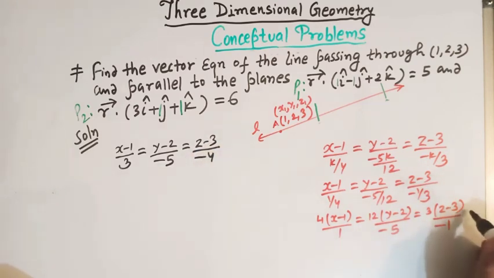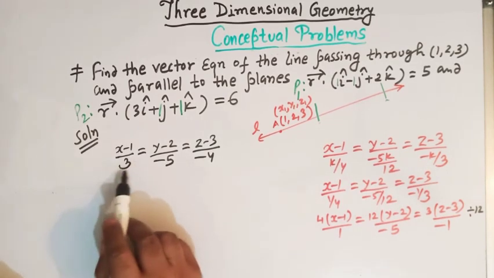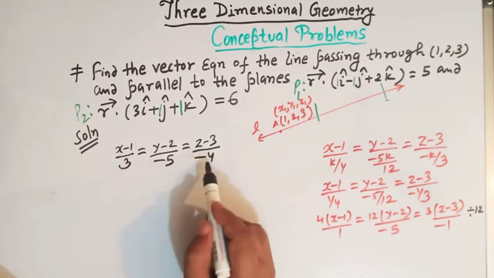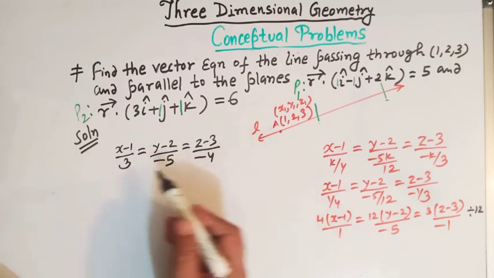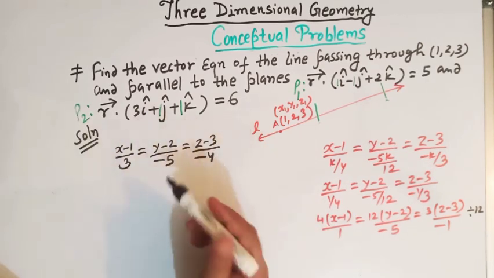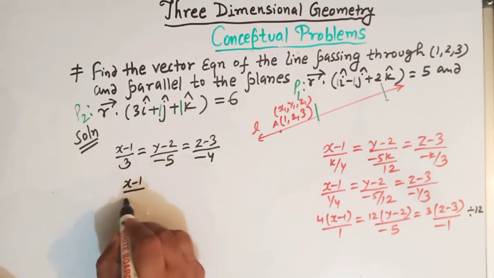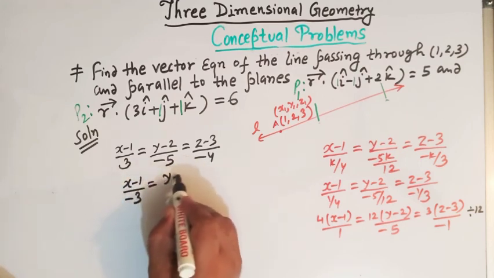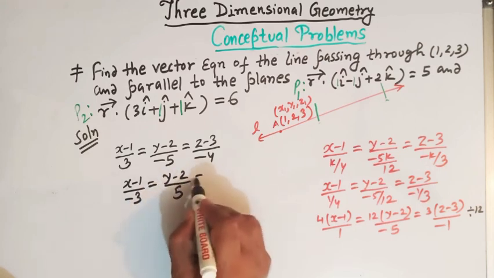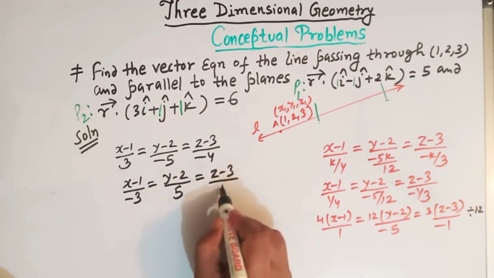So here we have divided this equation by 12, right? Now here the drs are 3, minus 5 and minus 4, and if we further multiply this whole equation by minus 1, then we have (x minus 1) by minus 3, (y minus 2) by 5 and (z minus 3) by 4, right?